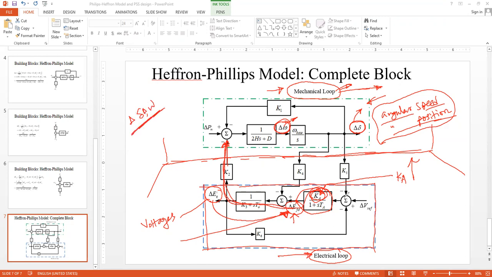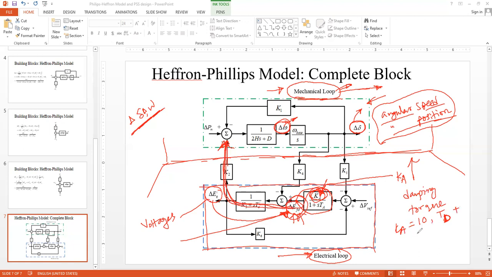This is how some damping torque is provided from delta EFD with the help of Ka. The delta EFD provides some signal into the mechanical loop, and we call it the damping torque. If we change Ka, initially it was probably 10, and the damping torque was positive. Calling it TD from the exciter, it was positive.